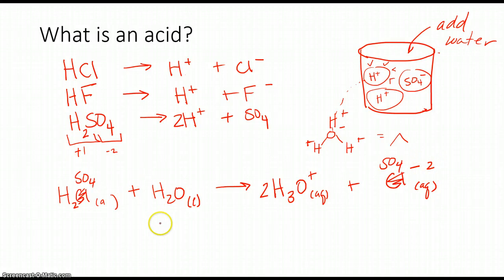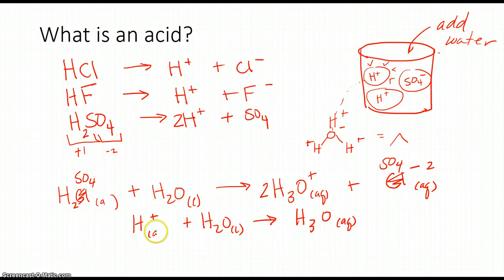You might also see it as this here, where you just simply have H plus H2O becoming hydronium. The rest of them are spectator ions, and so we just have that be our net ionic equation. So either one is something you'll see.